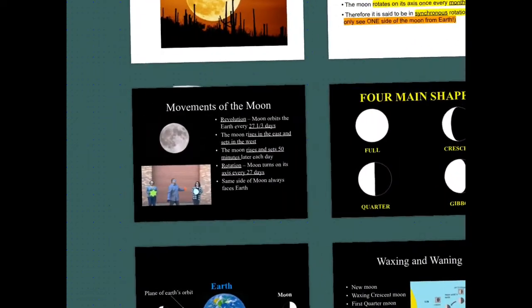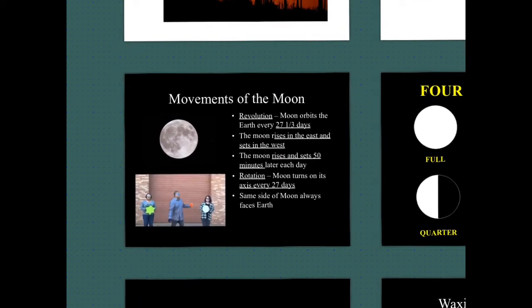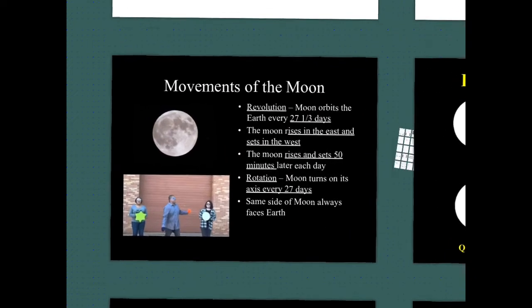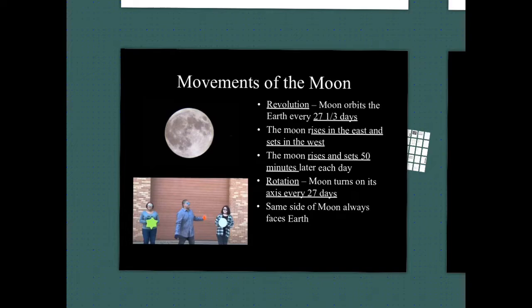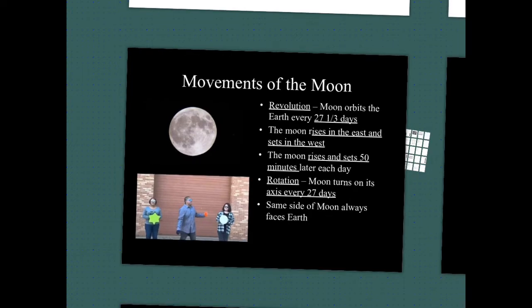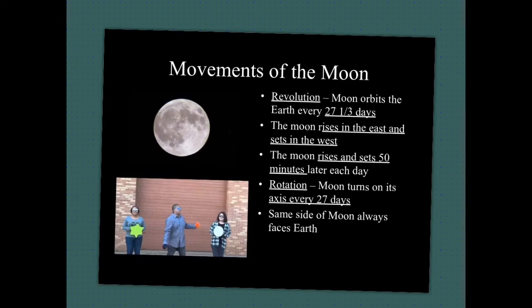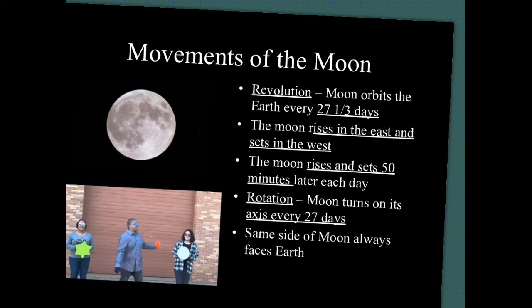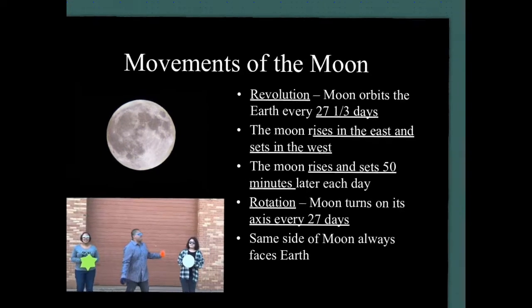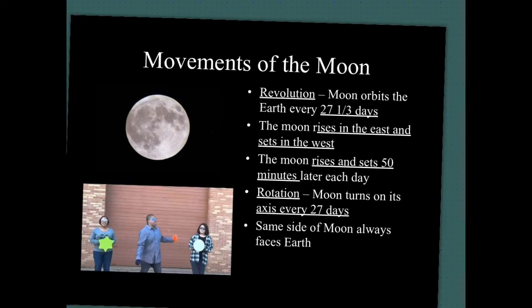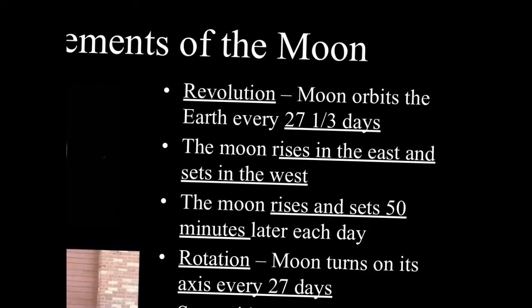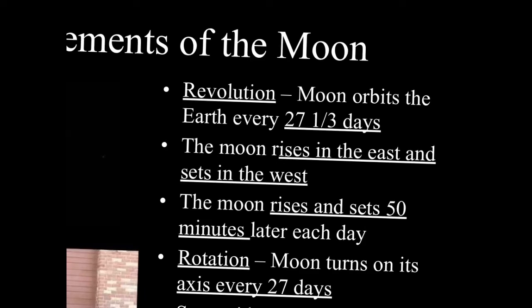Now, you're going to be looking at the slides. And one of the things I want you to understand as you look at the slides, you need to be able to identify the difference between a revolution and a rotation. And so a revolution is the moon moving around the Earth. And it takes about 27 1/3 days to move around the Earth to its same spot.